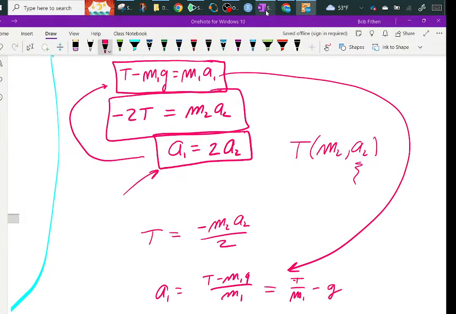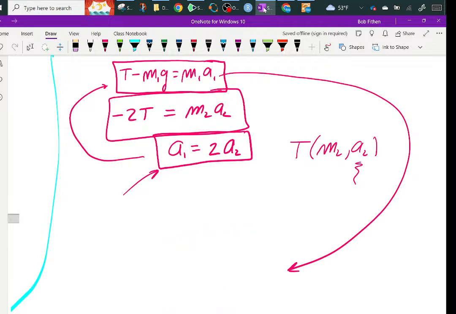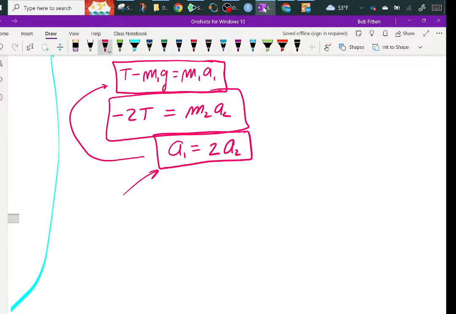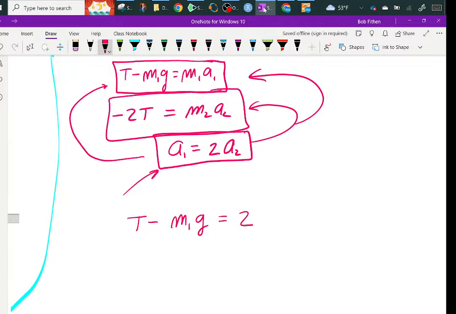So I've seen this done a couple of ways. And you know what? I get rid of all this other stuff. And then I'm going to stick this in here or in there. So say T minus M1G equals, this time I'm going to stick the A1. So actually, I guess I misspoke. I'm going to stick it in there. 2M1A2.